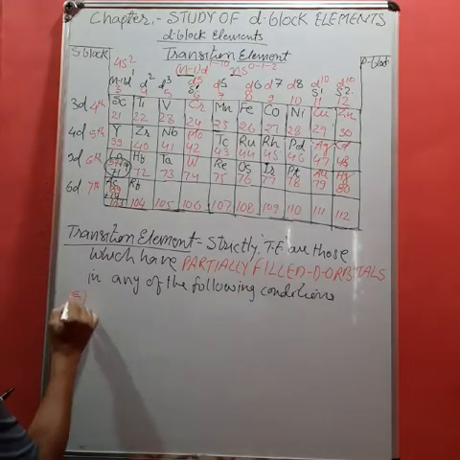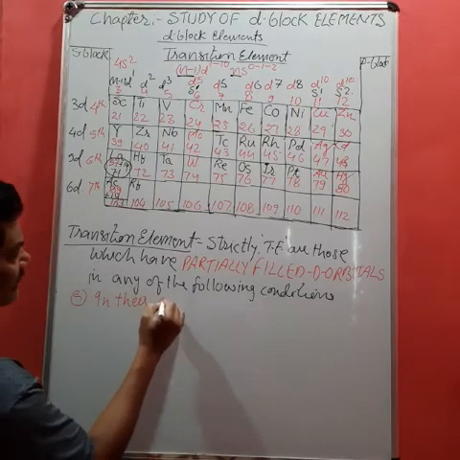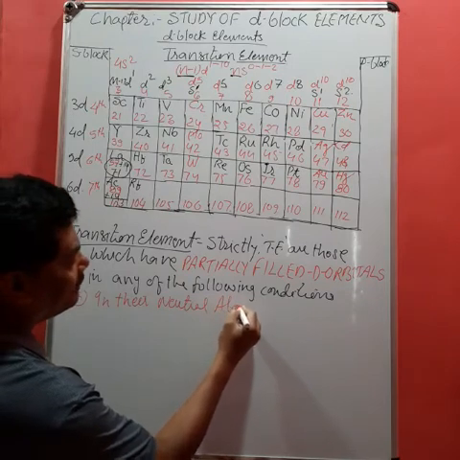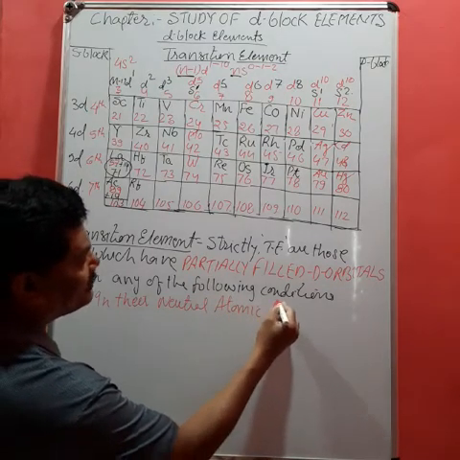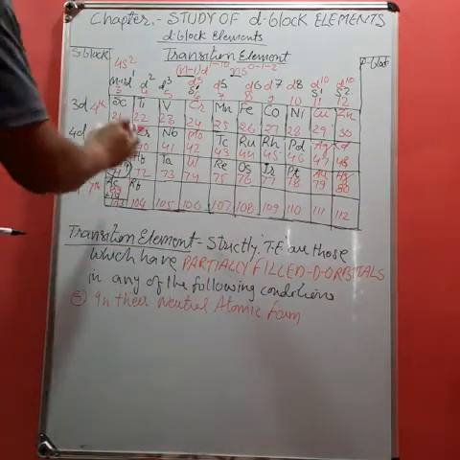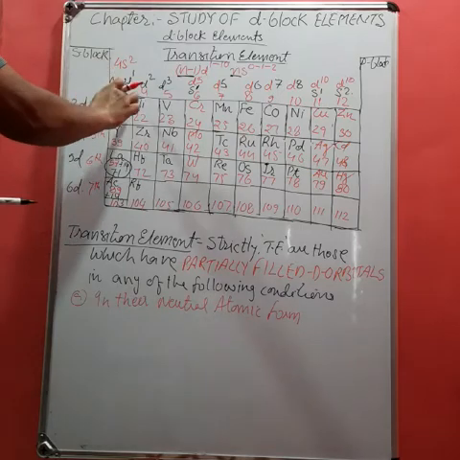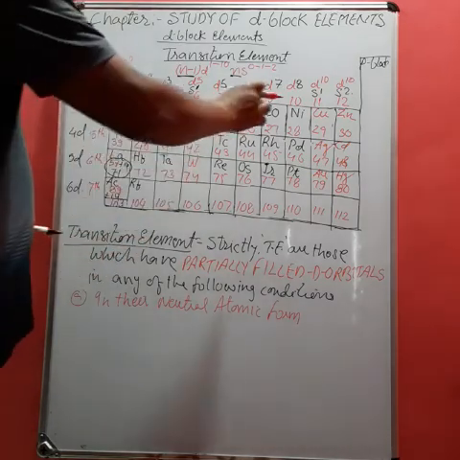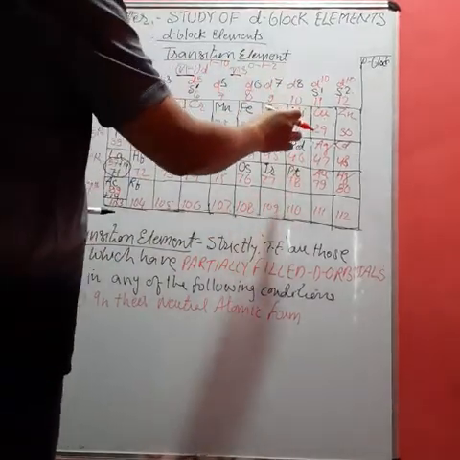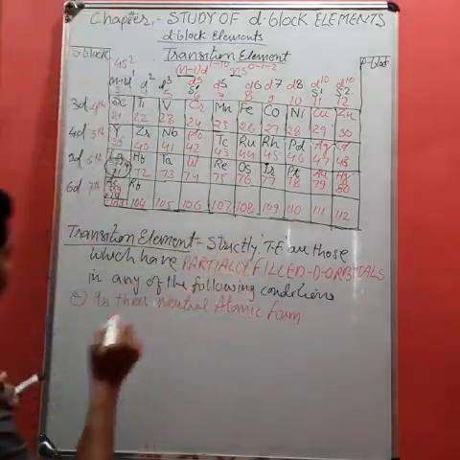Condition A: in their neutral atomic form, that is, in its elemental form. Like here, scandium has the configuration 3d1 4s2. Similarly, nickel has the configuration 3d8 4s2. That is called neutral atomic form.